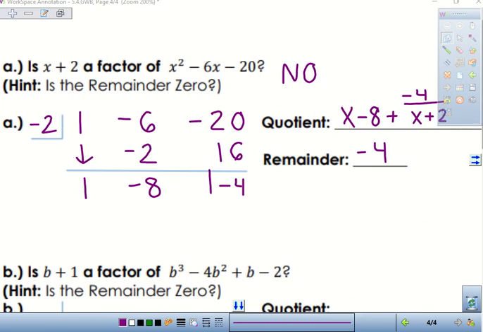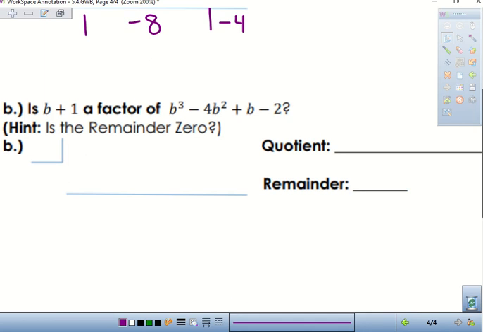We're going to do one more together, and then you're going to get your homework. So we're going to put what here? On the inside? 1, -4, 1, -3. Bring down the 1. Multiply, we get? Combine, we get? Multiply, we get?